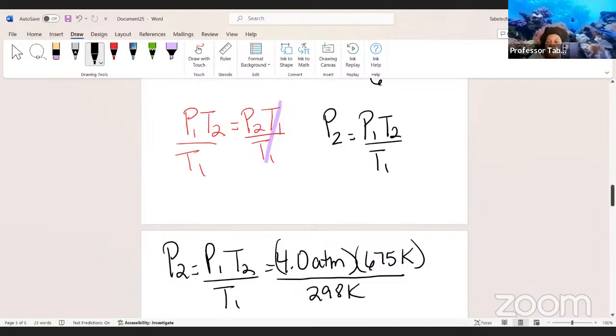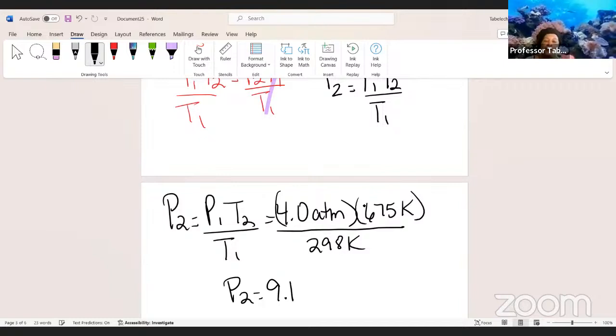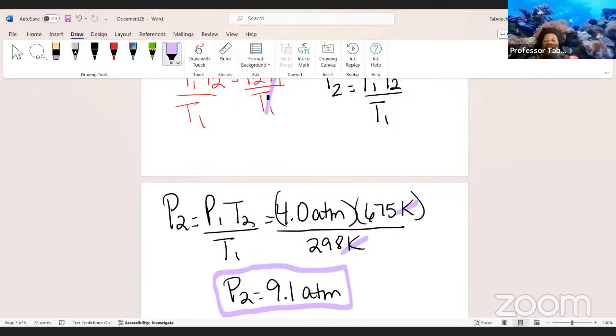Those are the values from above. Now I take my calculator and plug that in: 4.0 times 675 divided by 298, and I get 9. You need two significant digits, so we'll say 9.1. So P2 is equal to 9.1 atm, and we cancel out our Kelvins because we don't need them. Here's your answer: 9.1 atm.